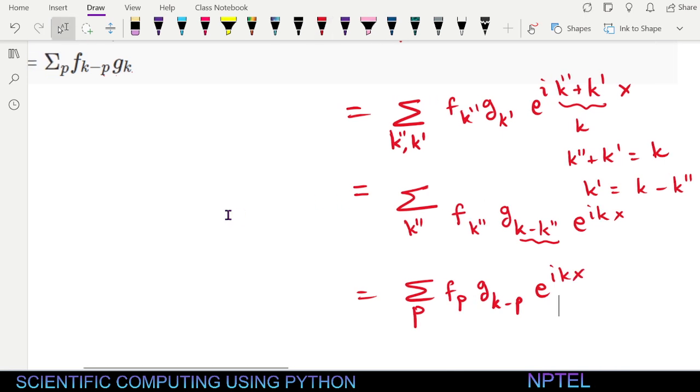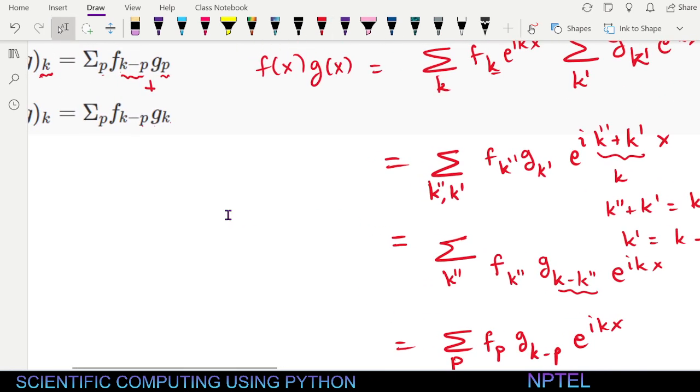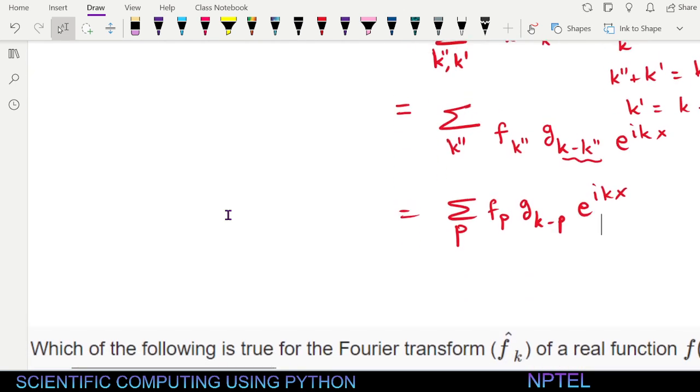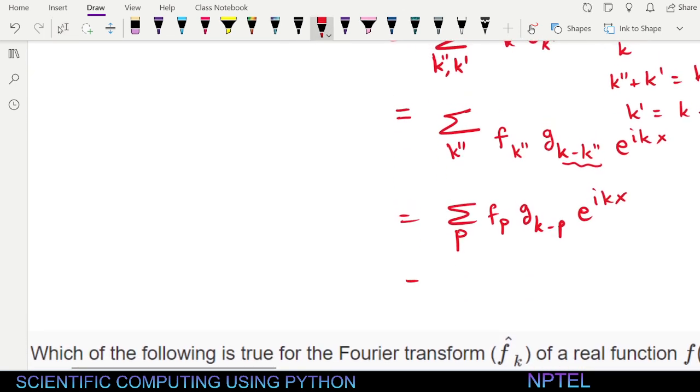Is this how they wrote it, or is it the other way around? It's the same thing. You can interchange f and g. Formally, you can write p to k minus p, but the sum is still from minus infinity to plus infinity.